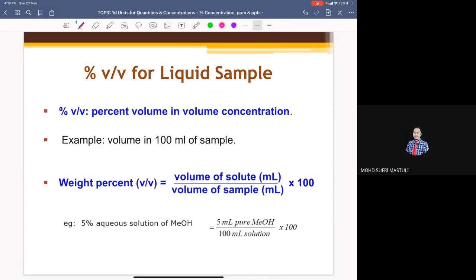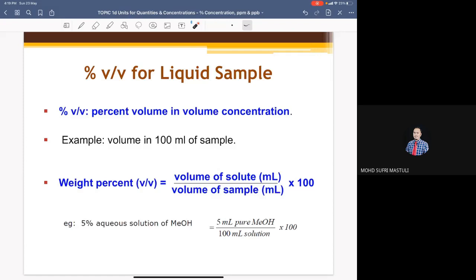Okay, so percentage volume per volume. Of course, volume per volume is more for liquid samples. So percentage volume per volume is the volume concentration: the volume of the solute in 100 ml of the sample, with percent being volume in ml over volume of sample in ml.